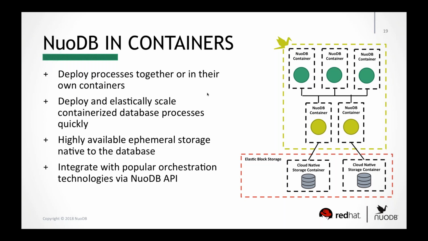Well, that's not quite the model that you'd expect for a database in this environment. Generally, from what we see today, traditional databases are run outside of OpenShift, and they're just used as a database service. Well, NuoDB doesn't work that way.